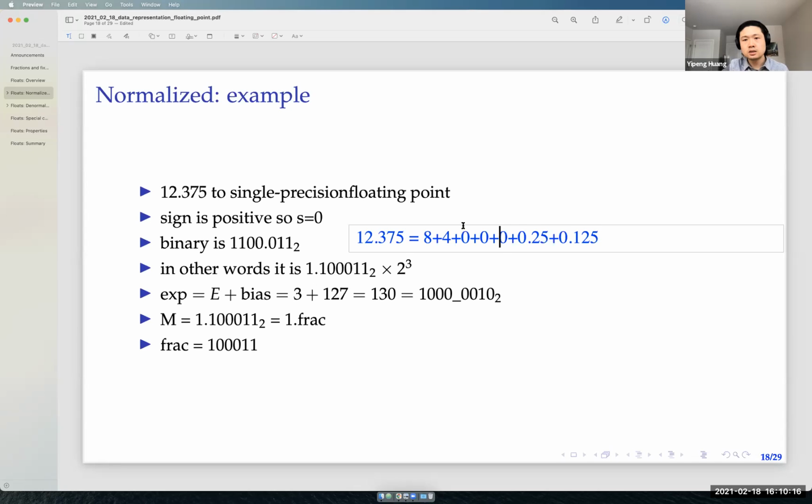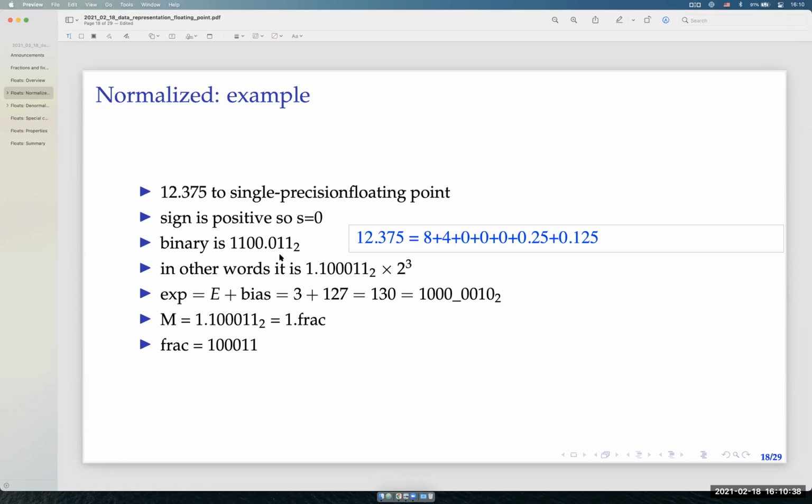Here there is no 2, so no number in the 2's digit, and we write down 0 in that position, and so forth. That's how we went from a decimal representation of 12.375 to a binary representation of that number.